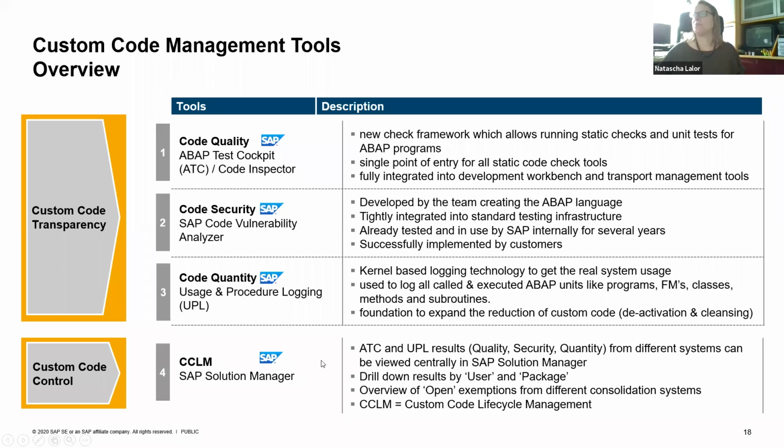Custom code lifecycle management can also show the delta. Once you run the code vulnerability analyzer, you can compare to see that these findings or vulnerabilities are in an unused program. So we're already starting to talk about how to secure your code.